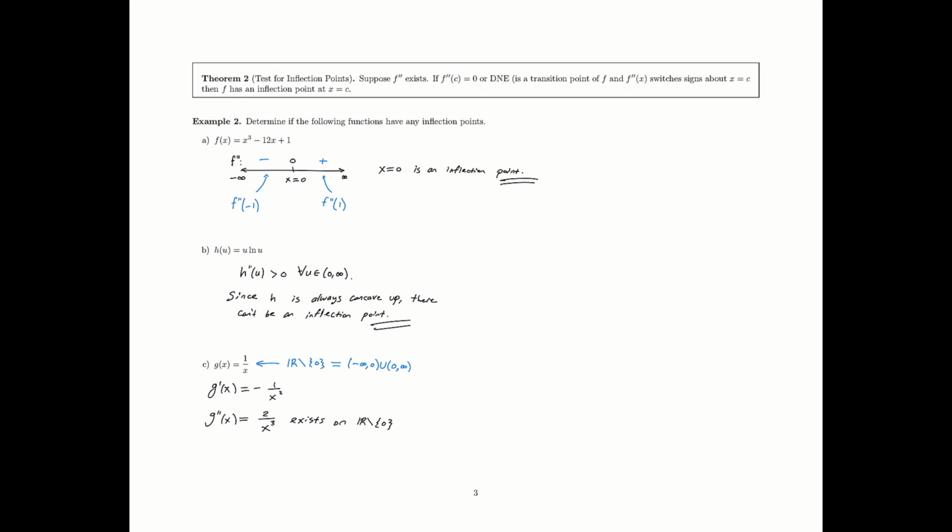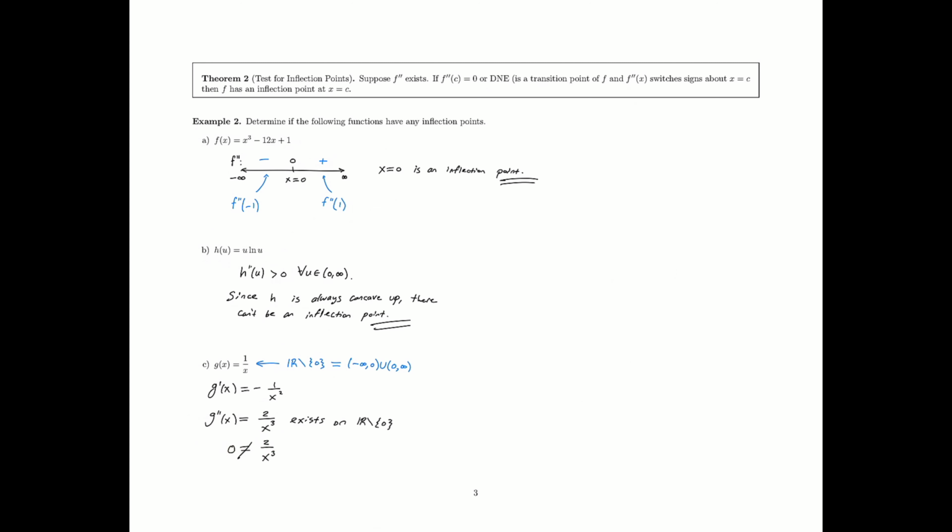So as long as it exists on the domain of the original function, there's nothing to worry about here. So now we want to check, does g double prime of x equal 0? No, it does not. Again, the only way a fraction equals 0 is if the numerator equals 0. But 0 and 2 are not the same, so this never happens.